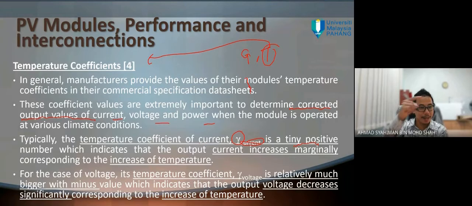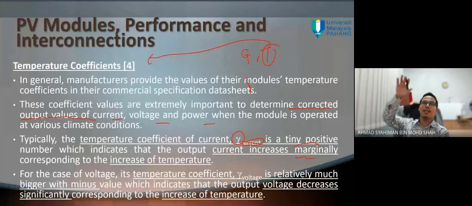A number which indicates that the output current increases marginally corresponding to the increase of temperature. Tadi kita cerita temperature tu current akan marginally increase but the voltage will significantly decrease. That's why temperature coefficient for current you akan nampak nilai dia slight positif. Tak ada nilai negatif. Nilai positif.